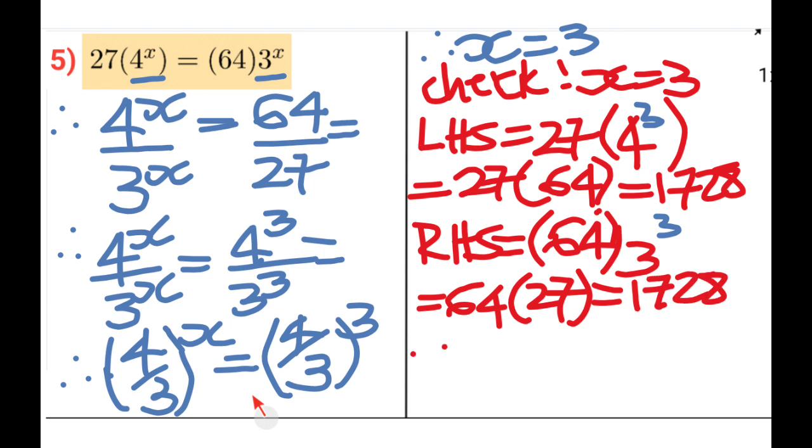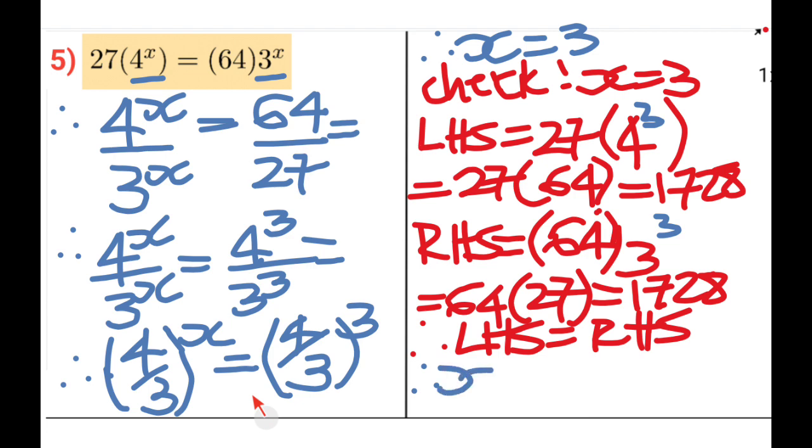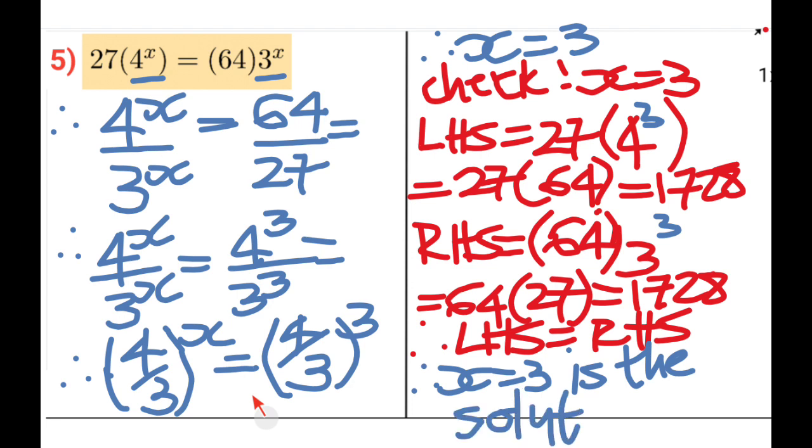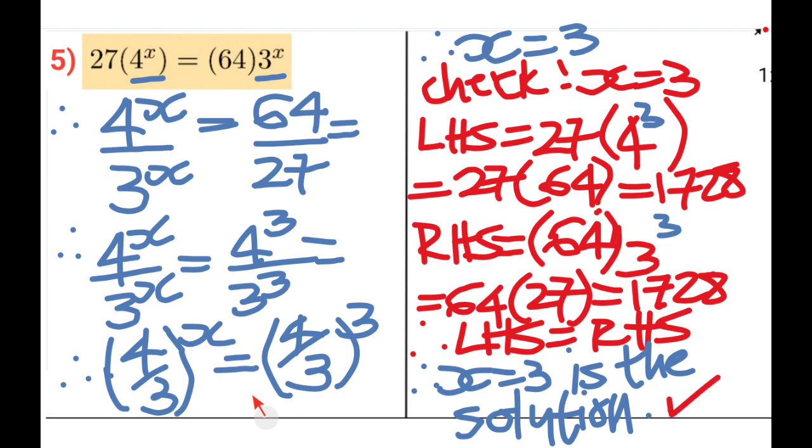Now the left hand side is equal to the right hand side, meaning that our answer checks out. Therefore, x equals 3 is the solution. And that's how you solve that type of equation.